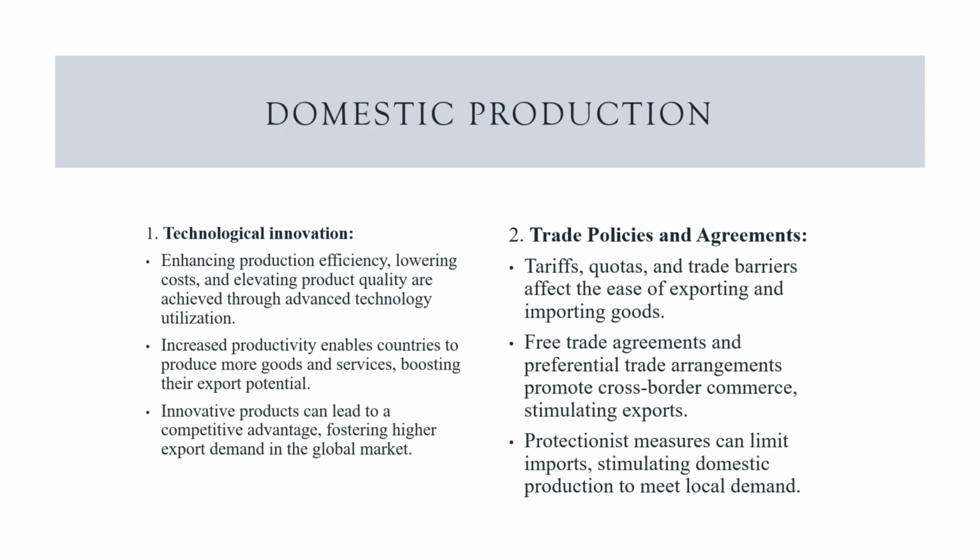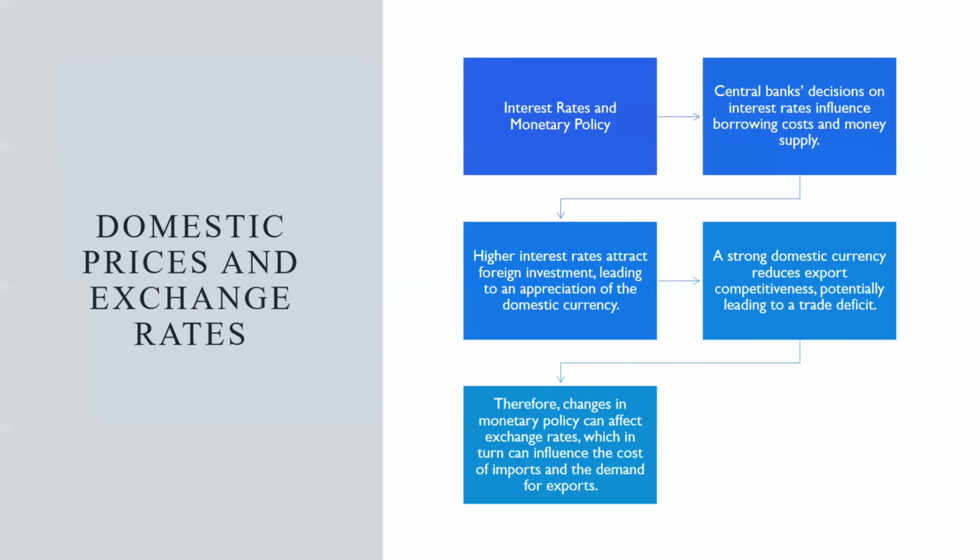Trade policies and agreements: tariffs, quotas, and trade barriers affect the ease of exporting and importing goods. Free trade agreements and preferential trade agreements promote cross-border commerce, stimulating exports. Protectionist measures can limit imports, stimulating domestic production to meet local demand.